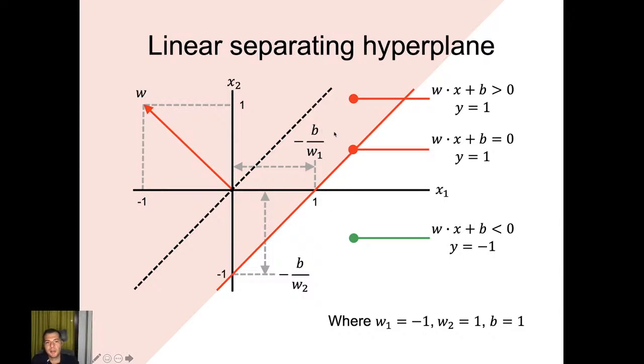And the bias gives us the distance from the origin of this model. So W controls the orientation of this line, and B controls the position with respect to the origin.